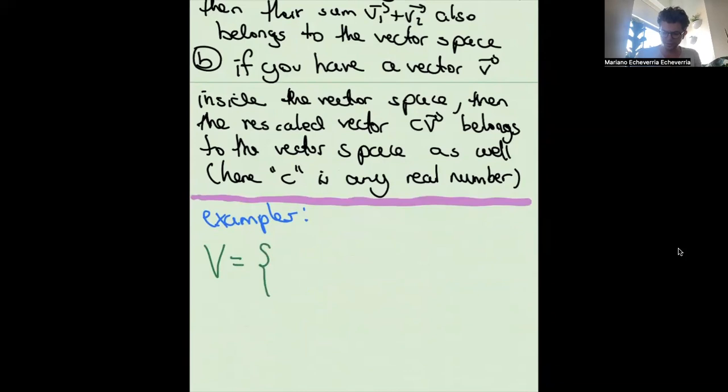That way I can also introduce you to some notation of how vector spaces are typically written. So this is typically how you'll see a vector space written out.